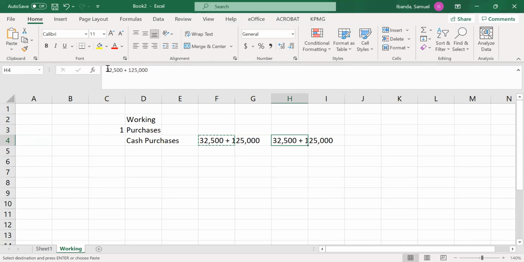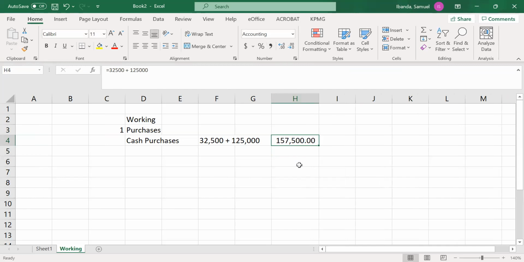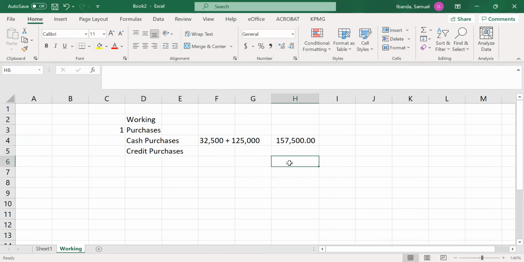If I want to get the total, I'll just do this in Excel. It will give me about 157,500. Now I need to determine my credit purchases so that I can add the figure here and then get my total.